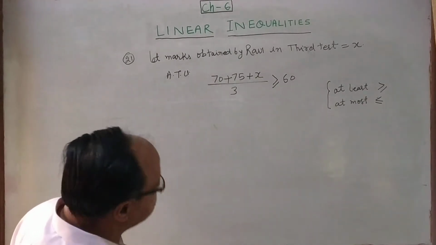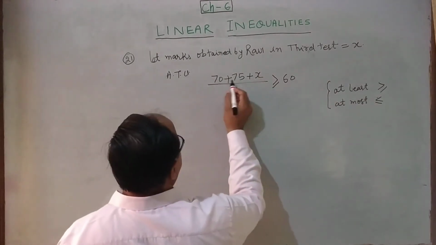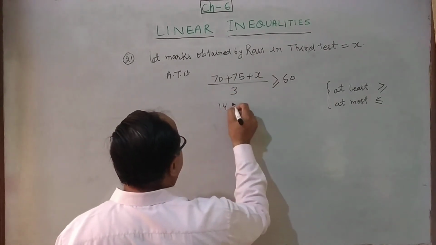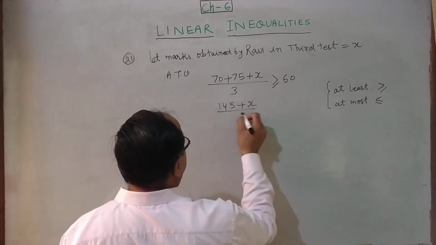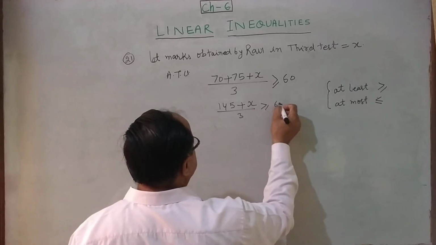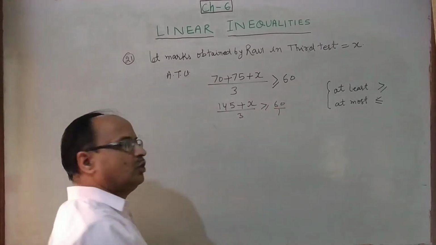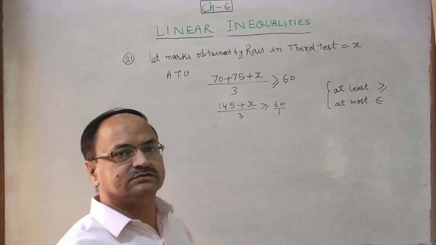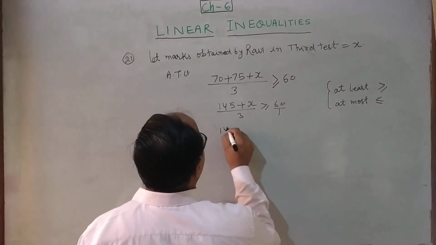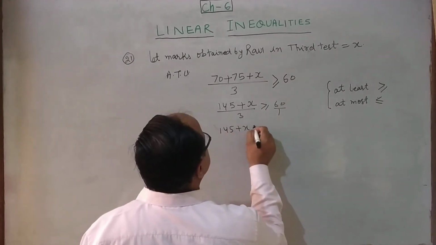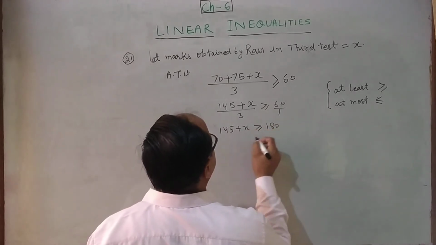Now, can you solve 70 plus 75, 145 plus X divided by 3 greater than or equal to 60? Now multiplying both sides by 3, 145 plus X greater than or equal to 180.